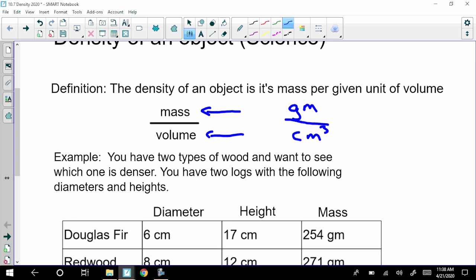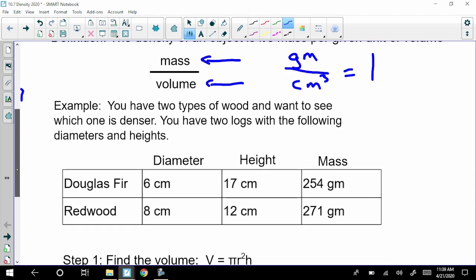If the density is 1, that is the density of water. Anything with a density greater than 1 is going to sink. Anything with a density less than 1 is going to float. So really easy calculation. Let's take a look at a couple of examples.